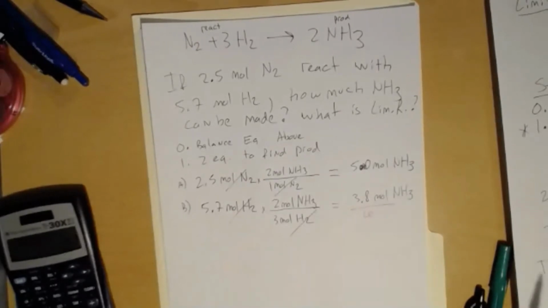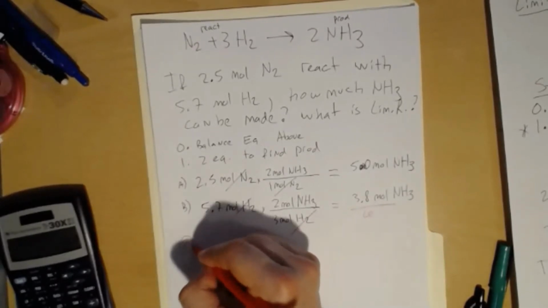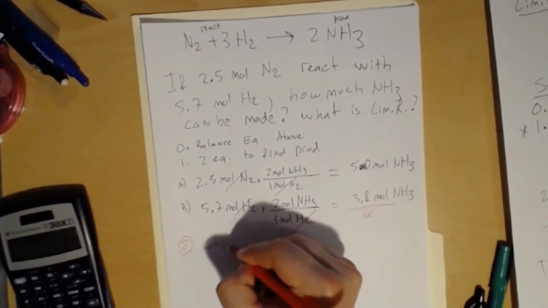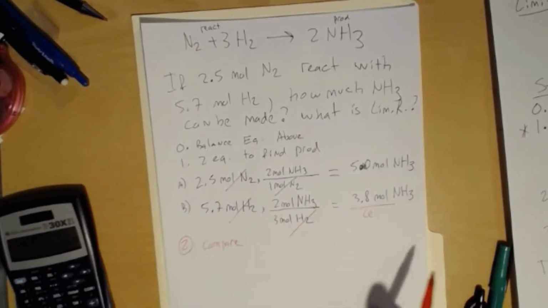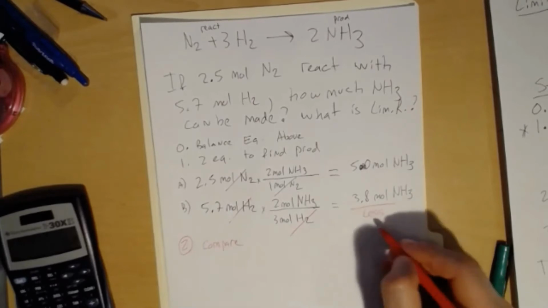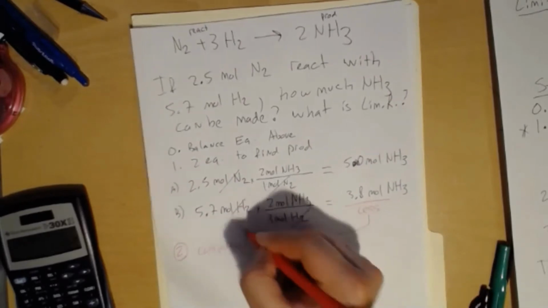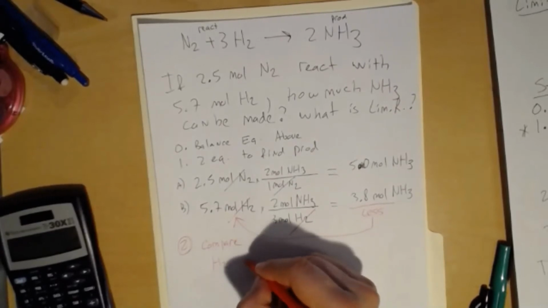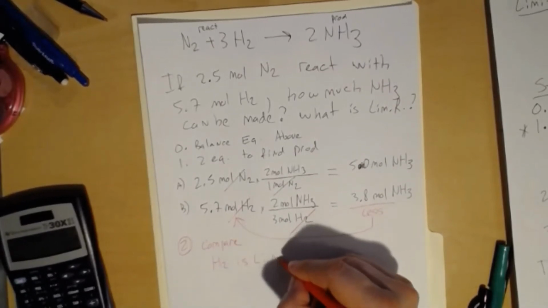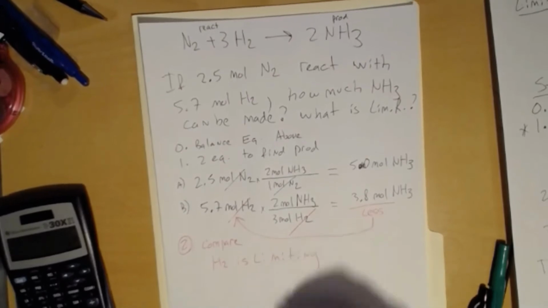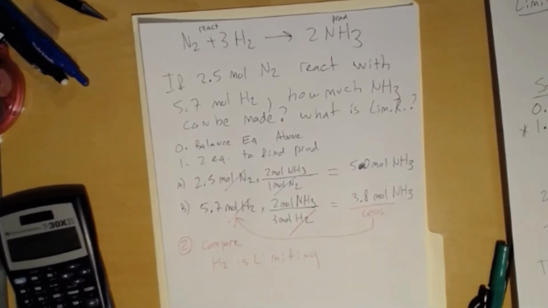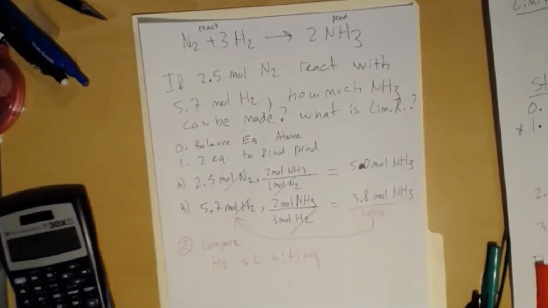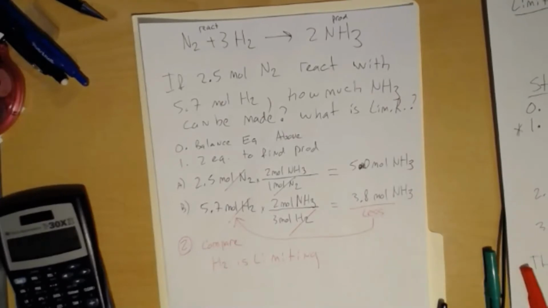So now we're doing step 2, is basically compare, right? So this is less. So go back to hydrogen. If that's less, then hydrogen is limiting, right? Another thing we could say, so we can't make, let me cross this one out.